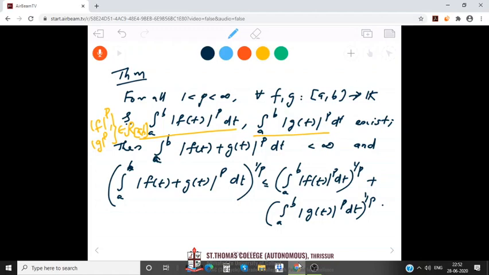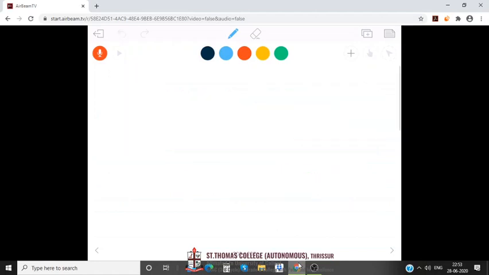If mod f raised to p and mod g raised to p are Riemann integrable over [a,b], then mod f plus g raised to p is also Riemann integrable, and it satisfies the triangle inequality. That is what Minkowski inequality in function space says to us.